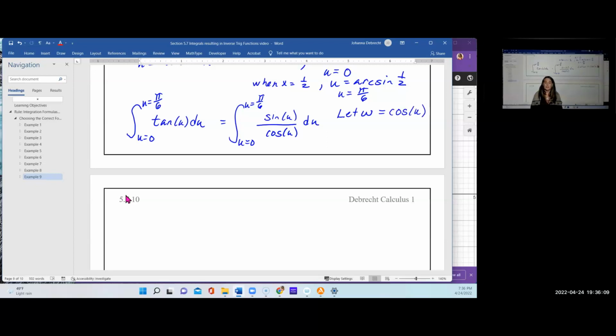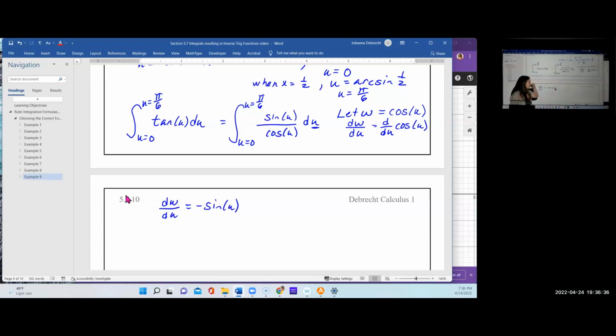Then to complete the u substitution, we find the derivative of omega with respect to the previous variable in the differential, which was du. This gives me the derivative with respect to u of the cosine of u. d omega du then leads to negative sine of u.